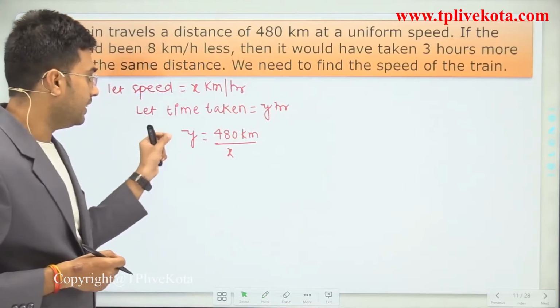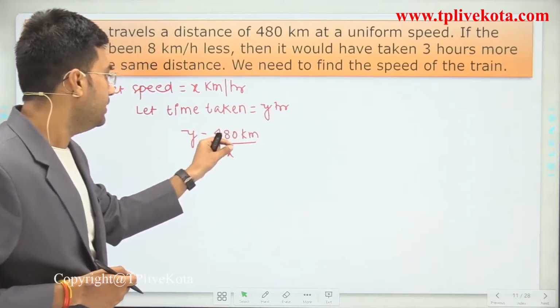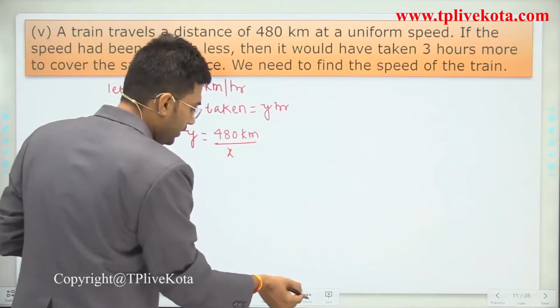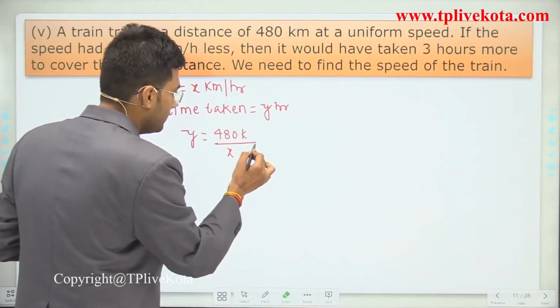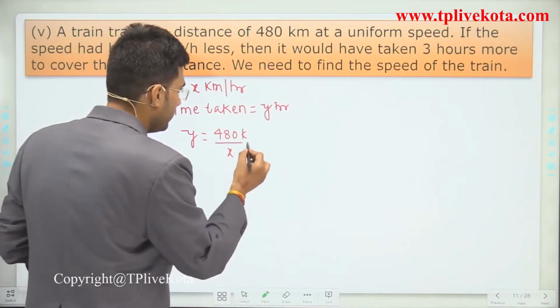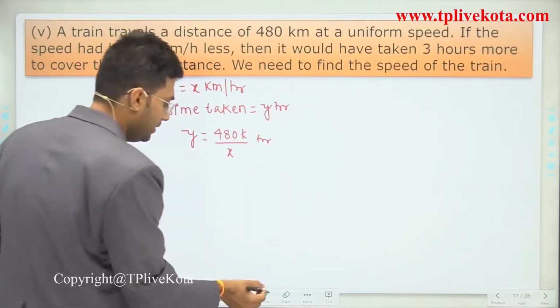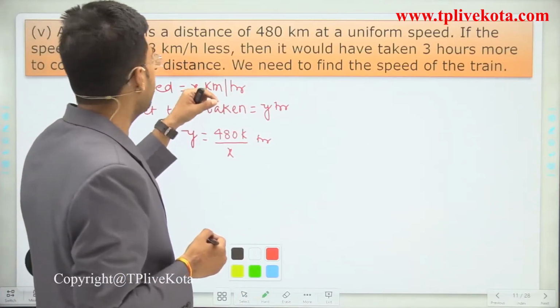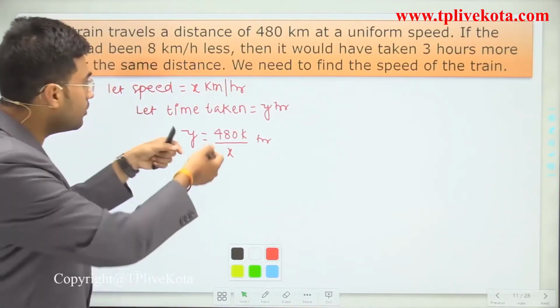So we can write y is equal to 480 divided by x. So the unit of y is hours. Clear?